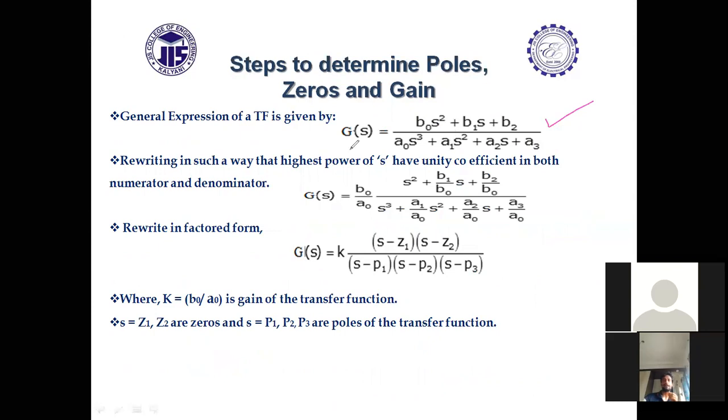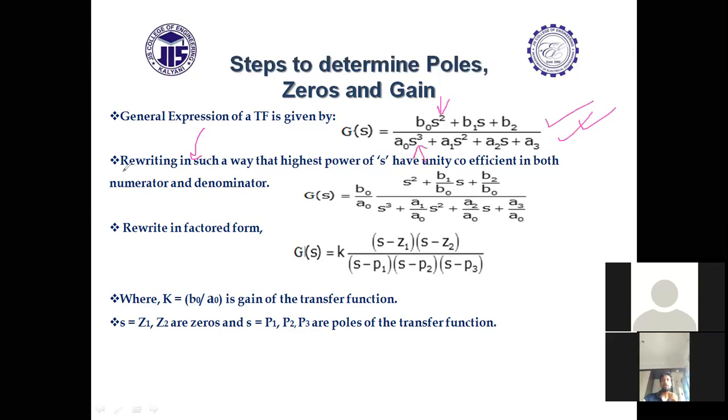See, the first step from this general expression of transfer function is to take common. What to take common? See here, for this transfer function, the highest power of s in the numerator is 2, and in the denominator part, the highest power of s is 3.